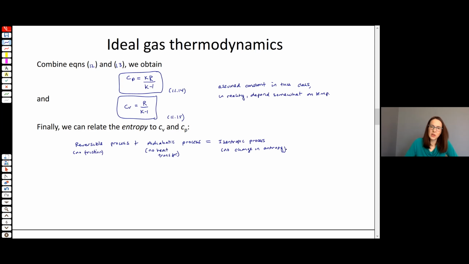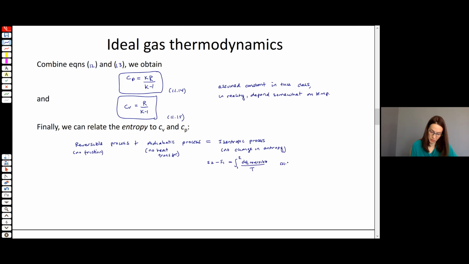All right, the fundamental definition of entropy that's given in your textbook is this: the change in entropy as your fluid system undergoes some process from state 1 to state 2 is equal to the integral of the infinitesimal reversible heat added over the temperature.